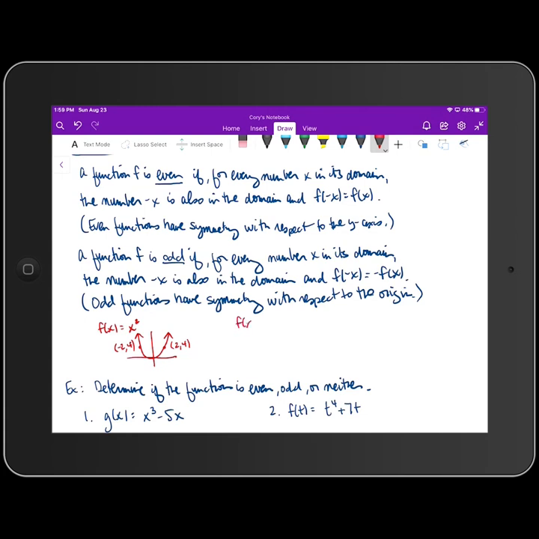An example of an odd function is f of x equal to x cubed. So graphically, that function is going to look like this in quadrant 1.